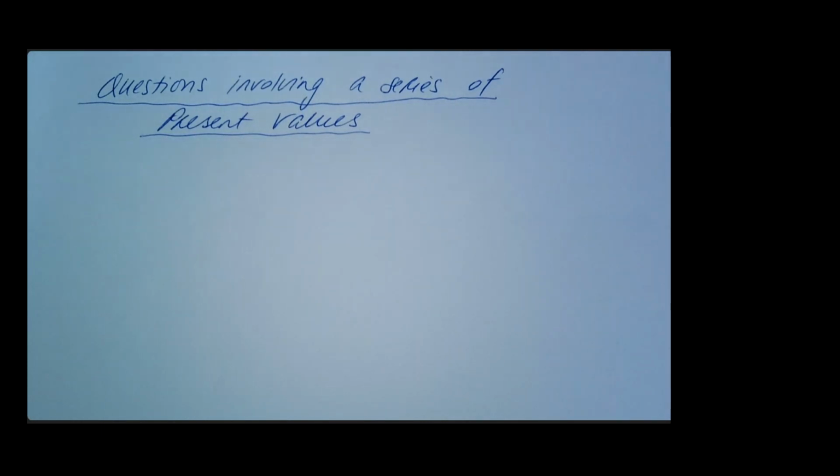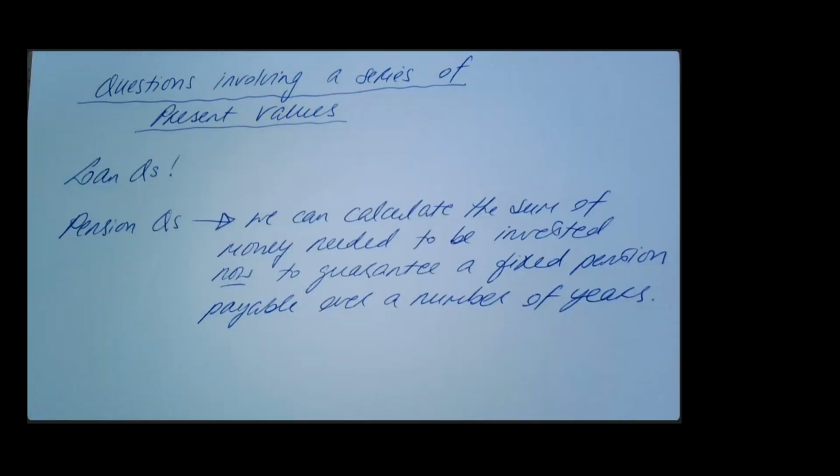So typically they're very much linked with loan questions, but they can also be involved with pension questions where we can calculate the sum of money needed to be invested now to guarantee a fixed pension payable over a number of years. Okay, so let's have a look at both loan questions and pension questions to get an idea of how these series of present values questions work.